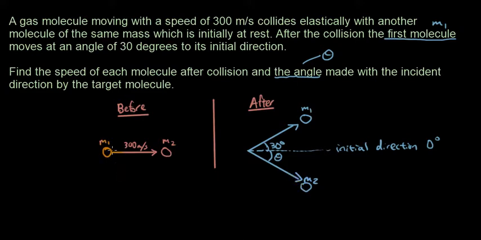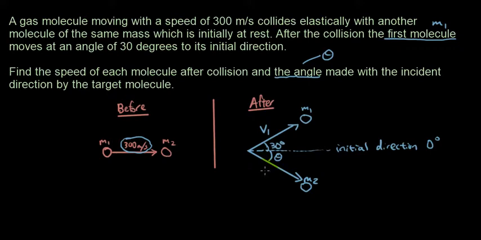M1 originally is moving at 300 meters per second, and now it's moving at some unknown speed I'm going to call v1. The number 1 represents the speed of the first molecule.